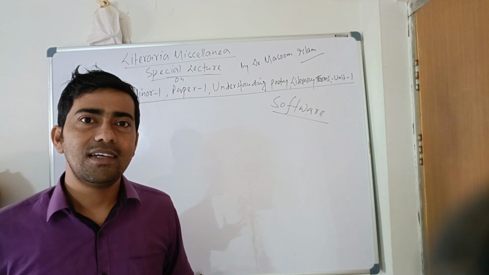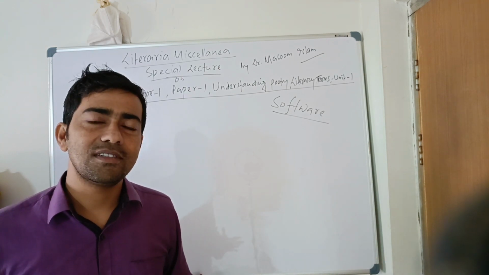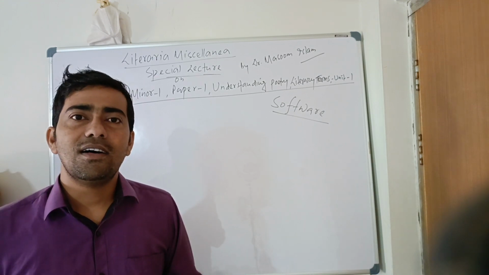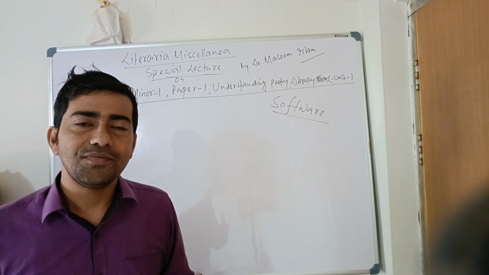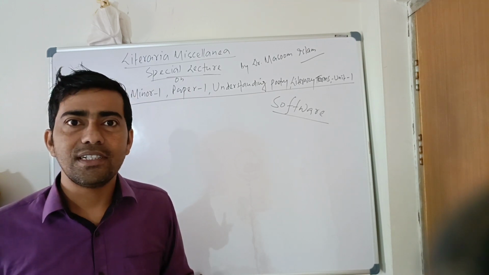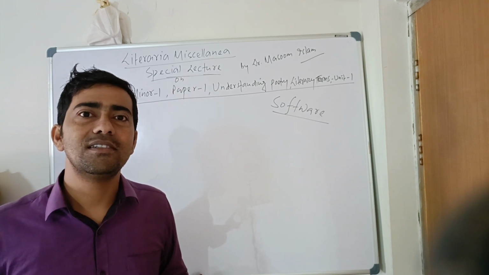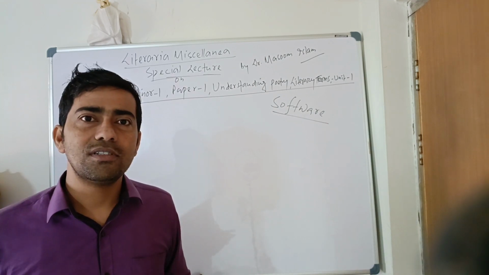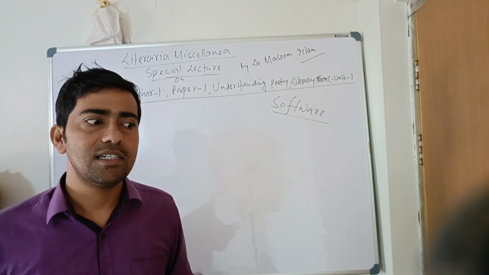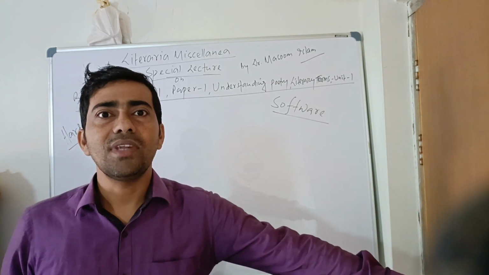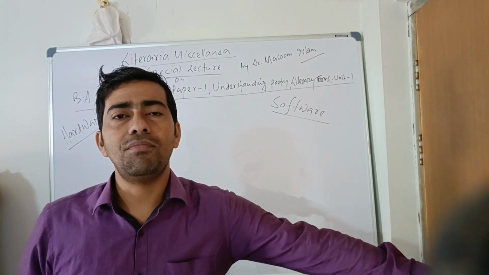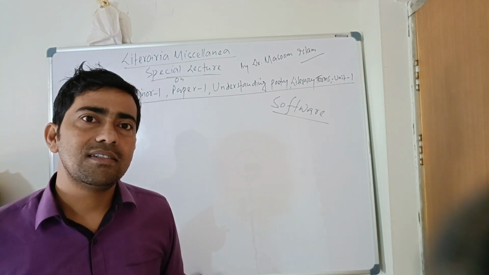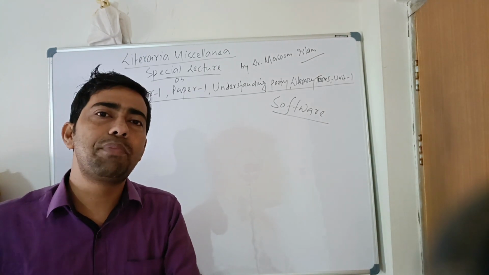Unit 1 is all about the literary terms, the basic understanding level of the poetry and its associated elements. Unit 2 is all about the poetry mainly taken from the Elizabethan era up to the transitional period, the pre-romantic period.